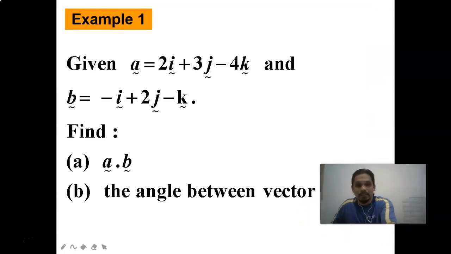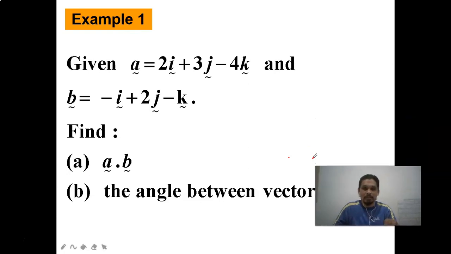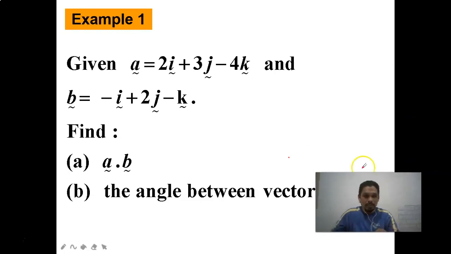Okay, the first example, given that A and B are on the screen here now, find the scalar product A dot B, which I'm going to just list down here now.